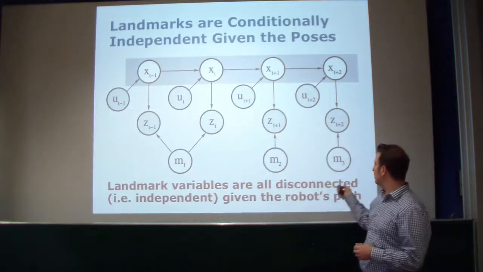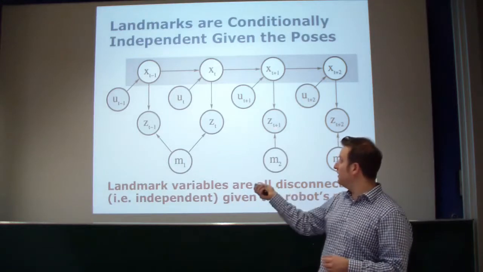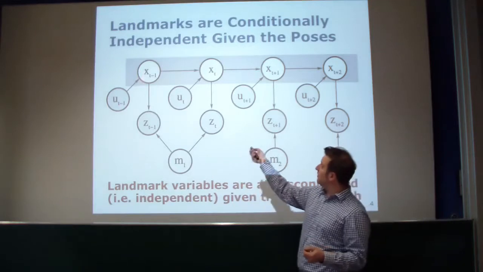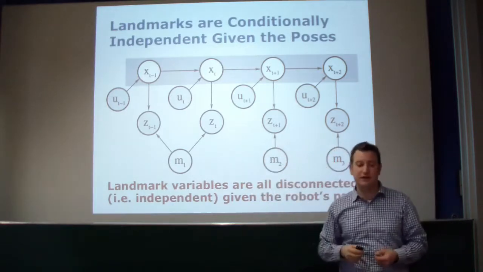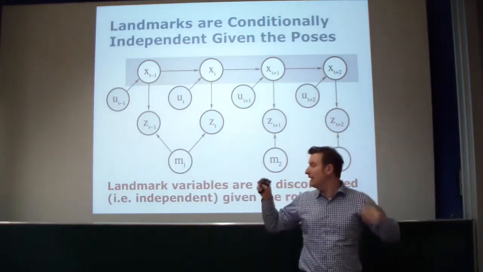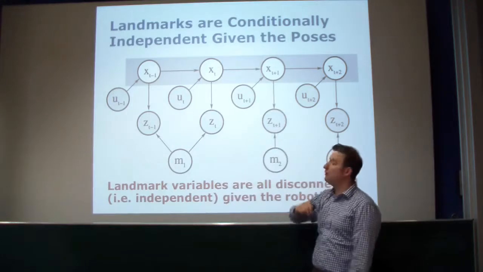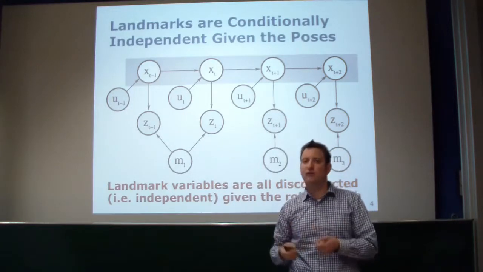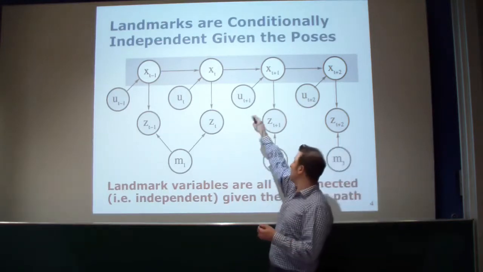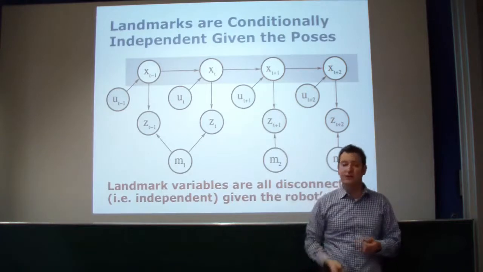We have the landmarks, here M1 to M3, the observations V, and the controls U. The important thing to see is that, given we know the poses, shown in gray over here, there is no connection between any 2 landmarks that doesn't go through a known variable. This means they are conditionally independent given we know these gray shaded variables at the top.